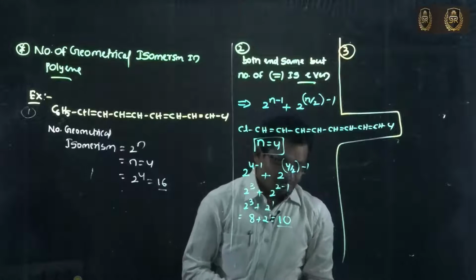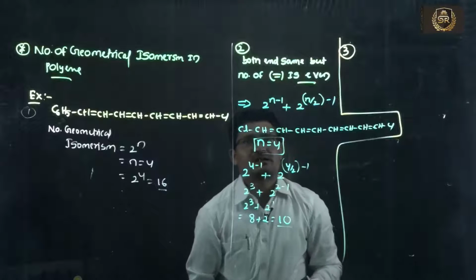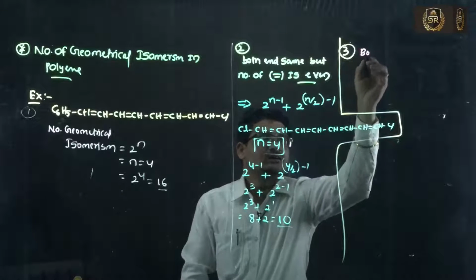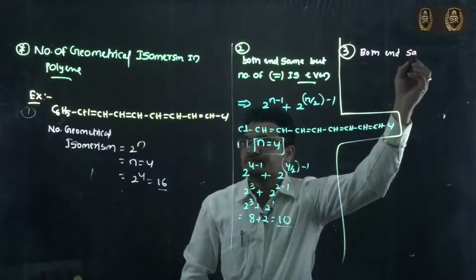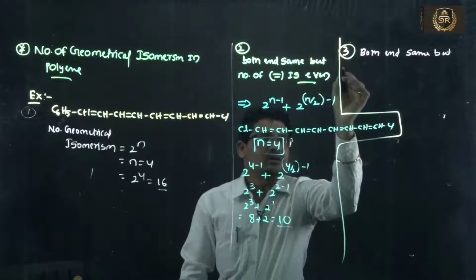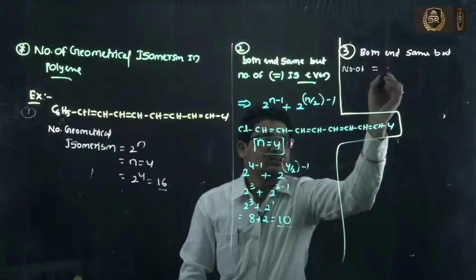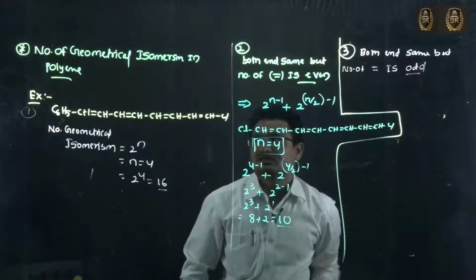What is the formula when both ends are the same, but the number of double bonds is odd? The number of double bonds is odd.